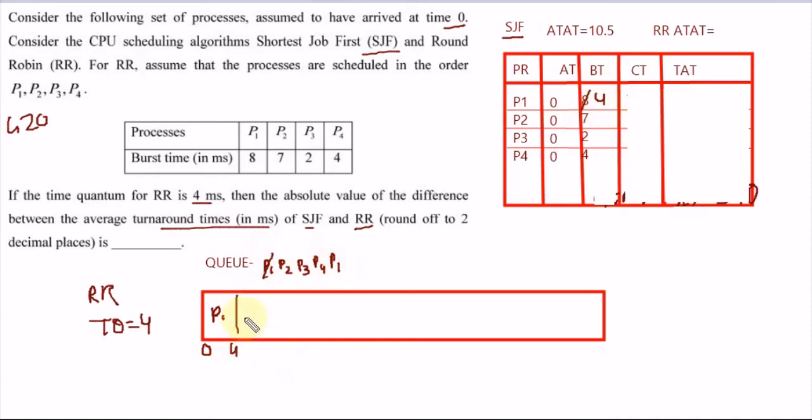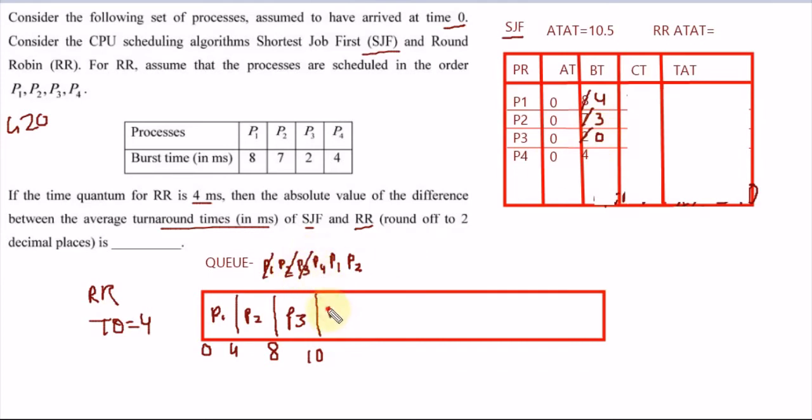Now P2 comes in, and it executes for 4, up to 8, and the remaining burst time is 3, so P2 is placed at the rear. Now P3 comes in and executes from 8 to 10, because its burst time is only 2, and then it is 0, so it will not be scheduled again.